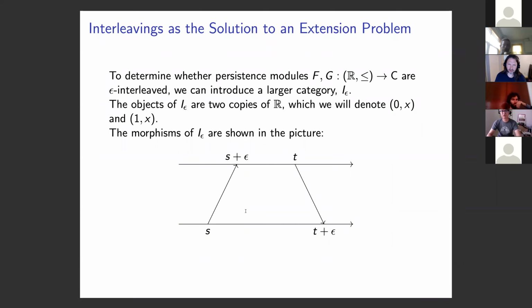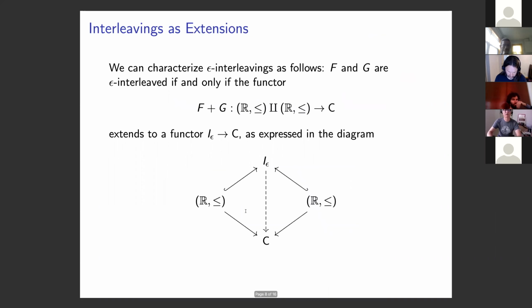This is the category that describes epsilon interleavings in the sense that, yes, if you have 2 functors, two persistence modules, they can be epsilon interleaved if and only if you can extend just the sum of the 2 modules to this larger category. So you can fill in these morphisms.